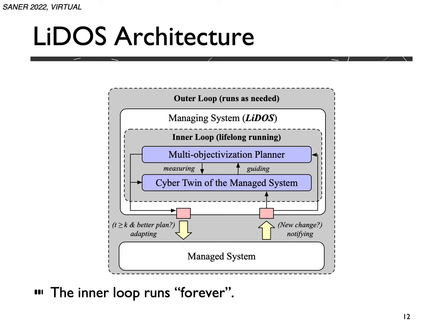And what makes it special is that inside the loop, we have an inner loop that runs forever, and it continuously queries a cyber twin of the managed system. In this case, it could be simply another running instance of this managed system, or it could be a surrogate model.